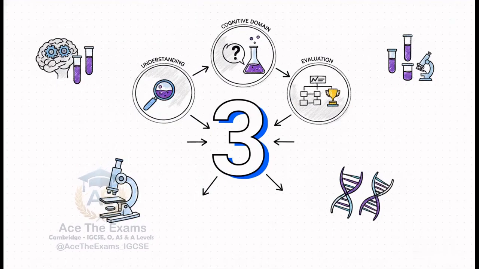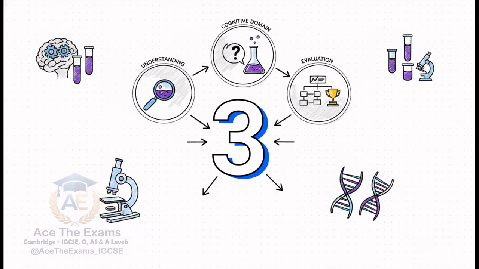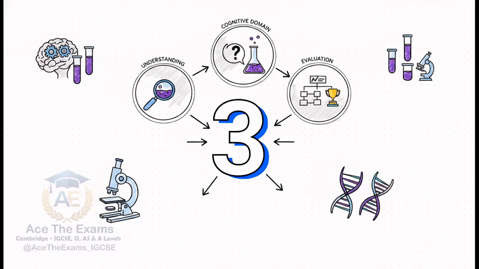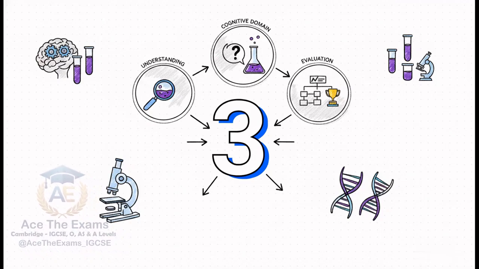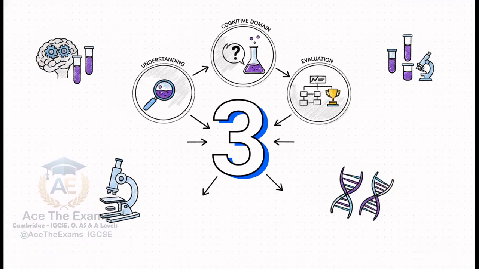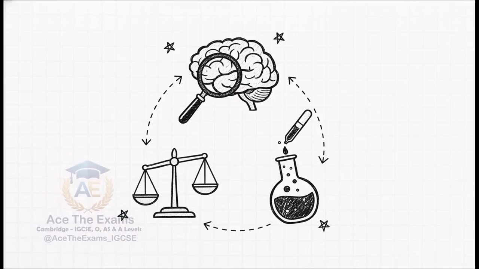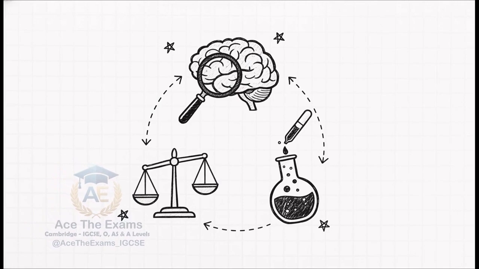So, to actually conquer this, we need to understand exactly how you're being tested, and the magic number here is 3. The Cambridge assessment objectives for this topic specifically target 3 distinct cognitive domains that we absolutely must master if we want to grab those top marks. These 3 domains are knowledge and understanding, handling and evaluating information, and finally, experimental skills.